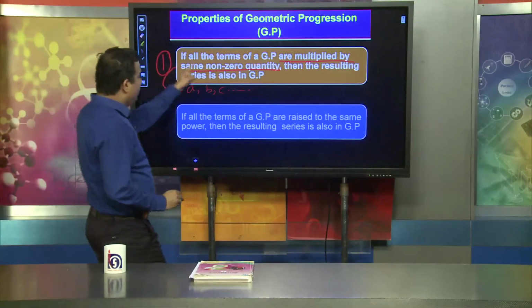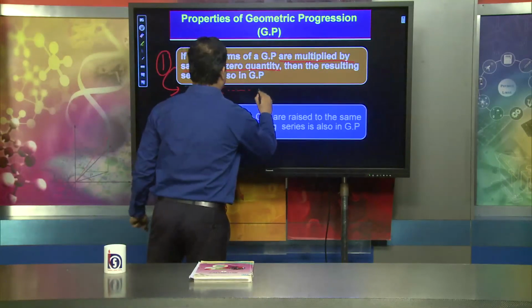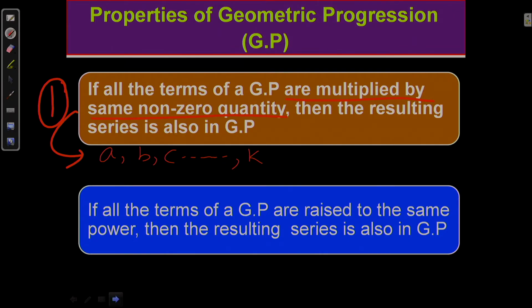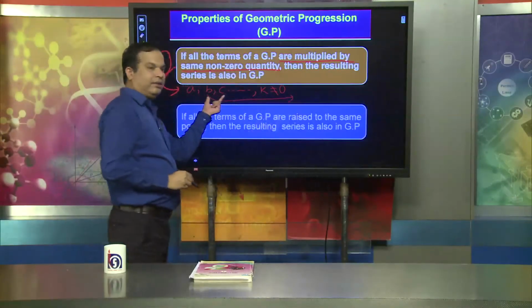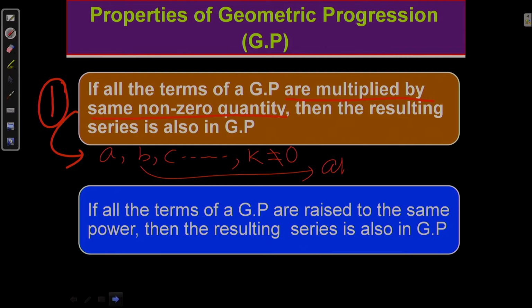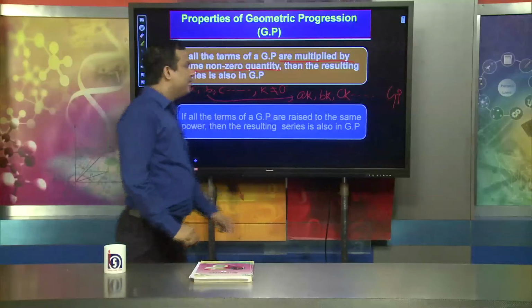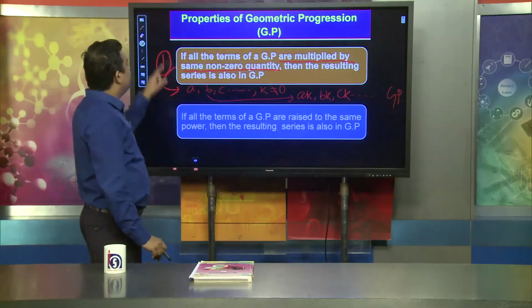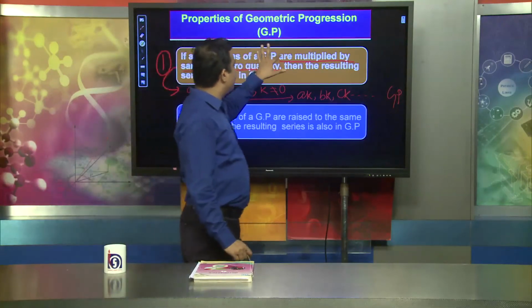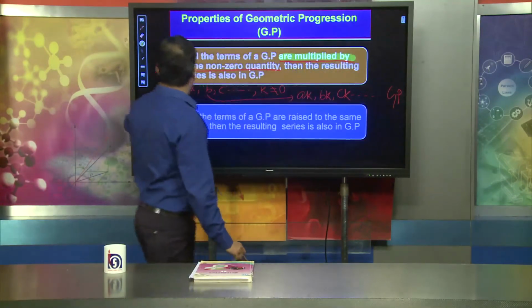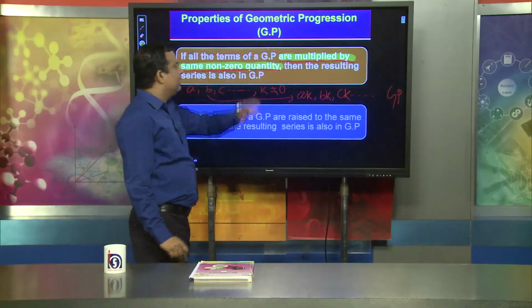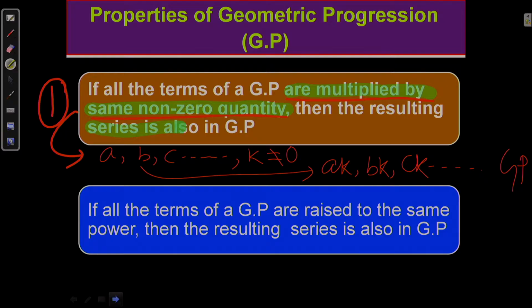If we multiply by the same non-zero quantity, suppose k not equal to 0, then if we convert this sequence to Ak, Bk, Ck dot dot dot, it is also a geometric progression. That means if all the terms of a geometric progression are multiplied by the same non-zero quantity, then the resulting series is also a geometric progression.